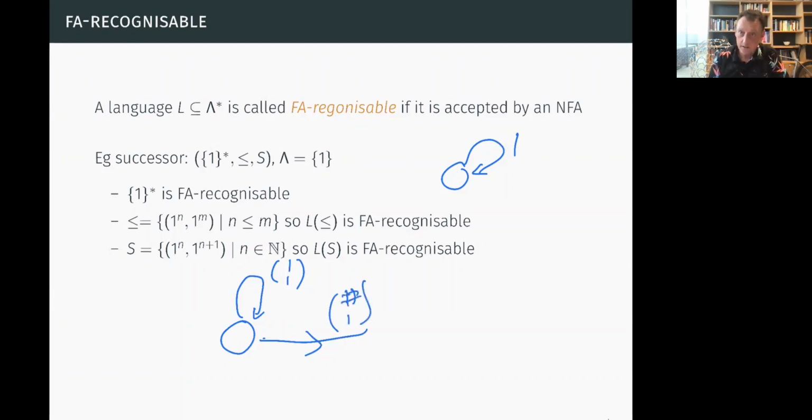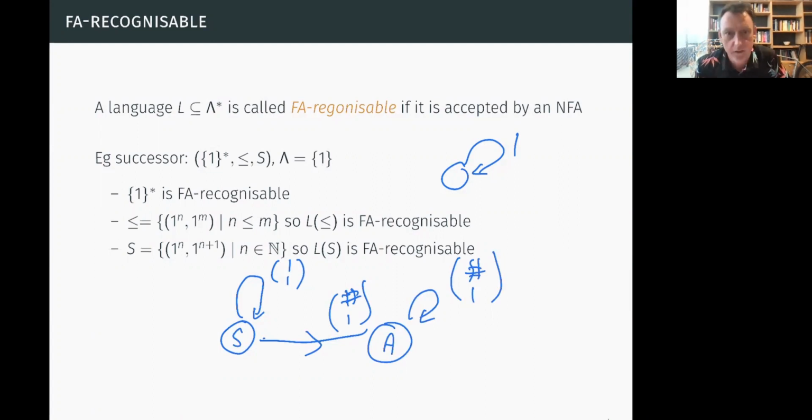So I have a hash, and then after that, I'll have a hash and then a 1. So that automaton, where this is the accept and this is the start, is going to accept less than or equal to. And successor is even easier. You would not have that and you'd have to stop here. Okay, so everybody in this structure is regular or FA recognizable.